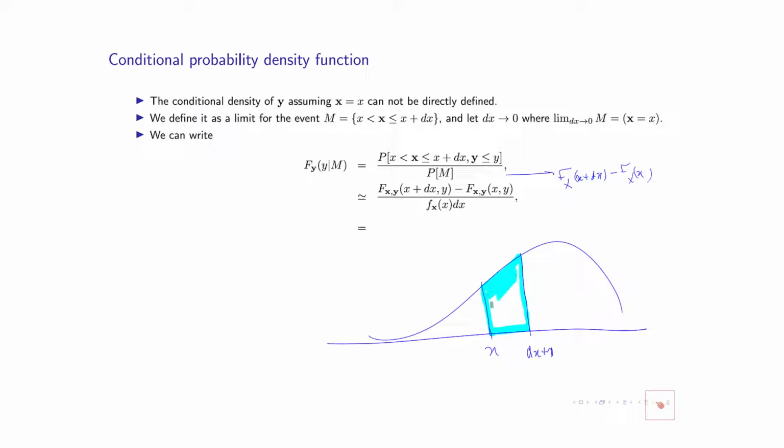So this is the probability of M. And the probability of M, if dx is small enough, is going to be equal to this height, which is f_X of x at this value, times this width, and this width is dx.